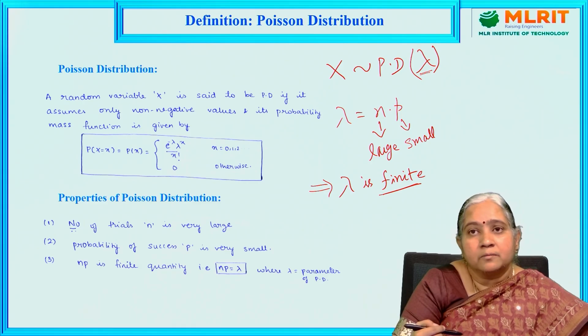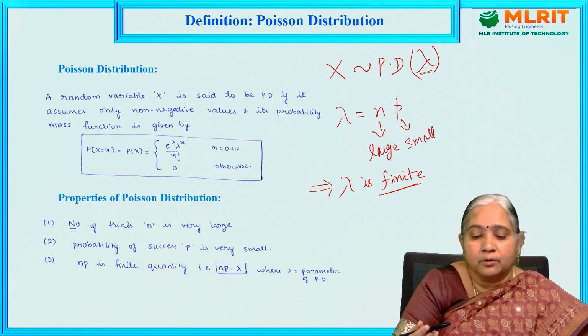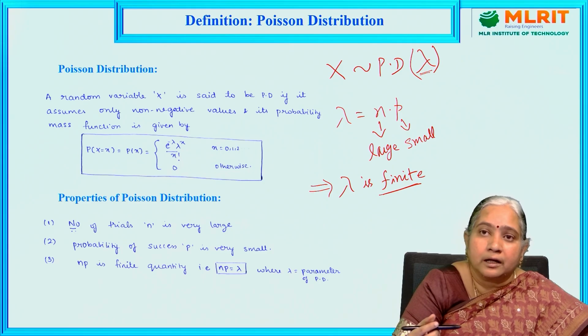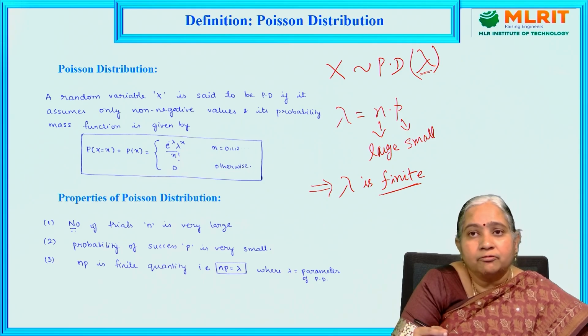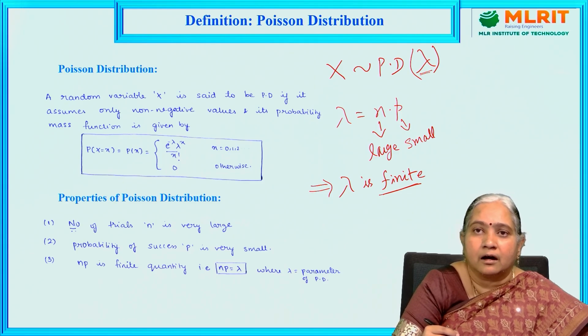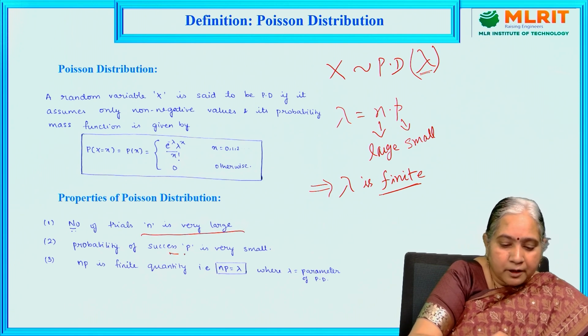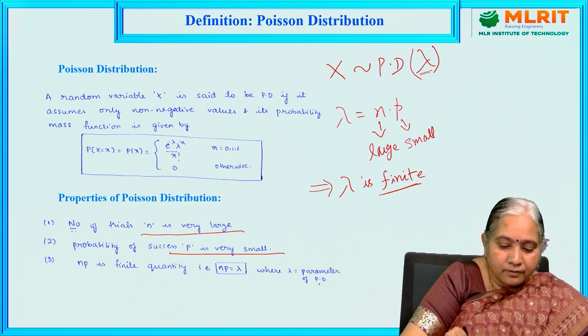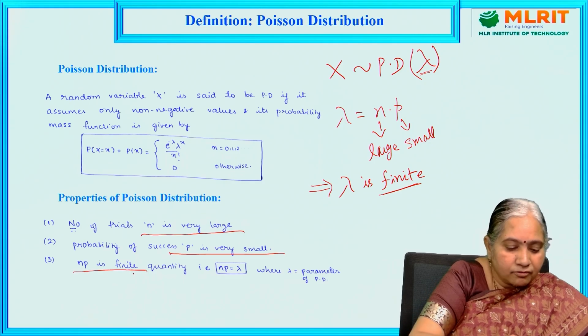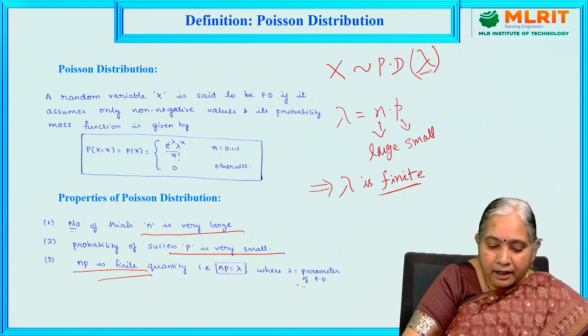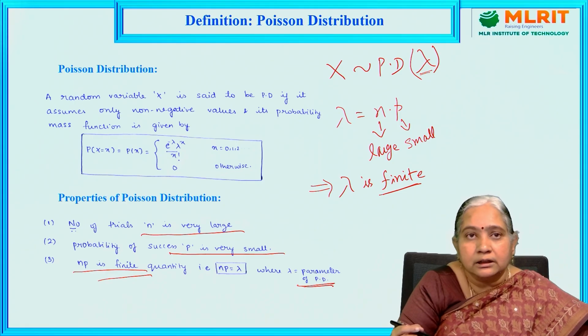In some problems, they will give the n value or p value, or directly they will give the parameter lambda. If we know the parameter lambda, we can find the probability of any number of successes, or at any value of x. Here n is very large, probability is very small, so lambda is a finite value, where lambda is the parameter of Poisson distribution.